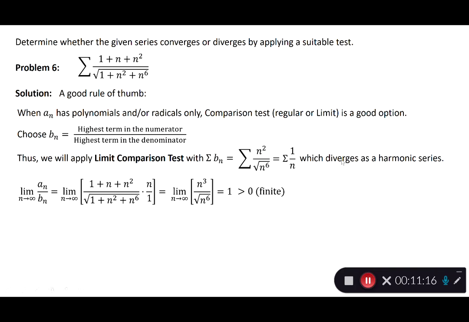Sigma 1 over n, the sigma b sub n here, diverges, we know that. So a combination of that and the limit being equal to a quantity that is greater than 0 and finite means our series should also diverge. End of the story. So thus the series diverges. Cool? All right, let's look at another problem.